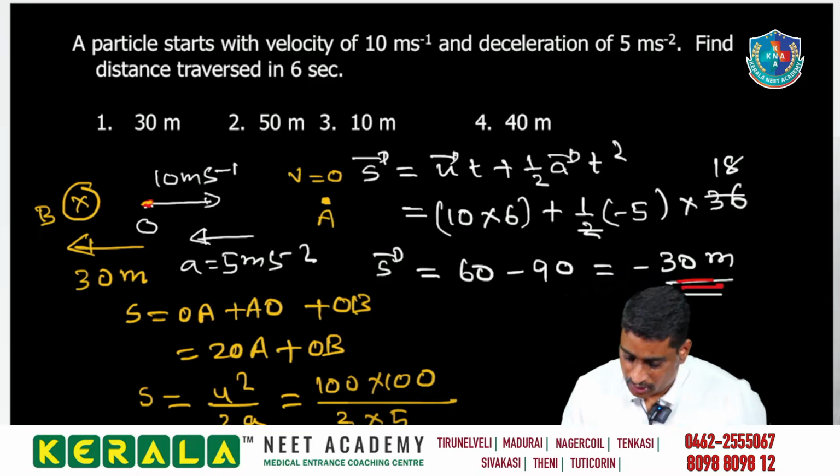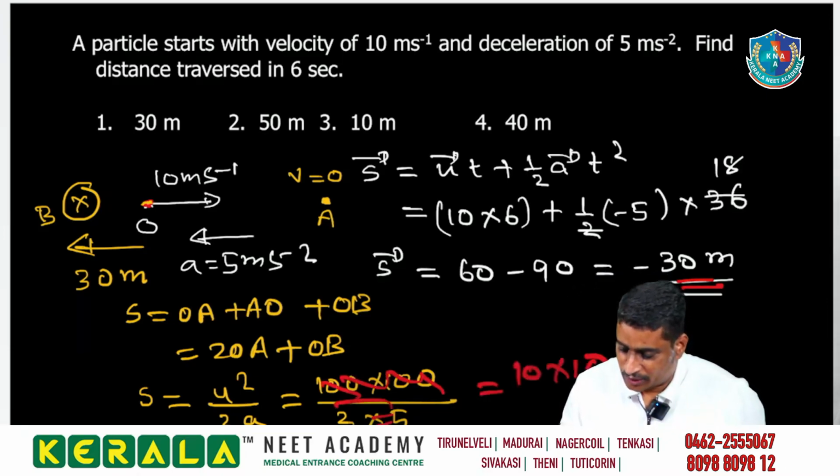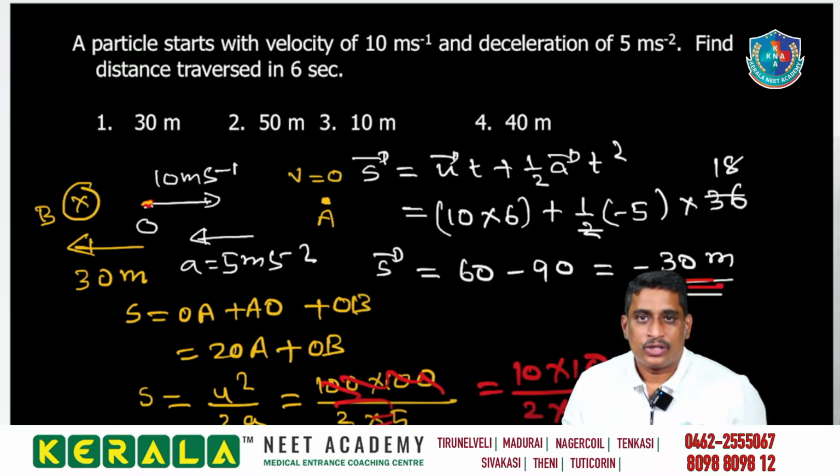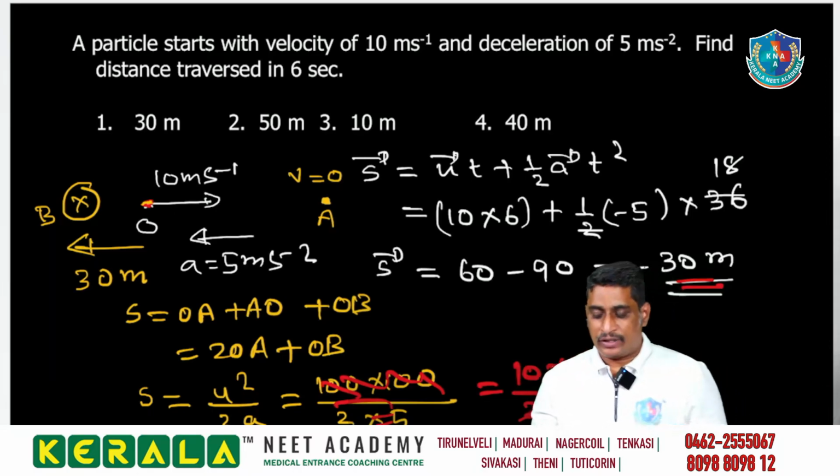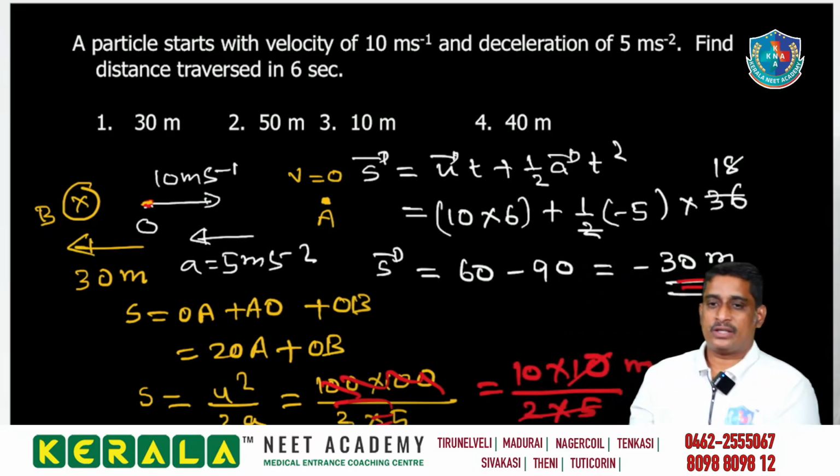U square, sorry, here I committed one mistake. U square is nothing but 10 into 10 divided by 2 into 5, the acceleration value. So this will be 10.